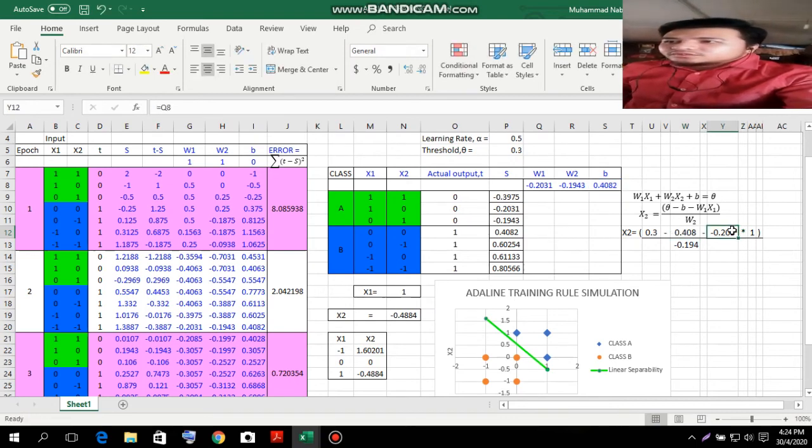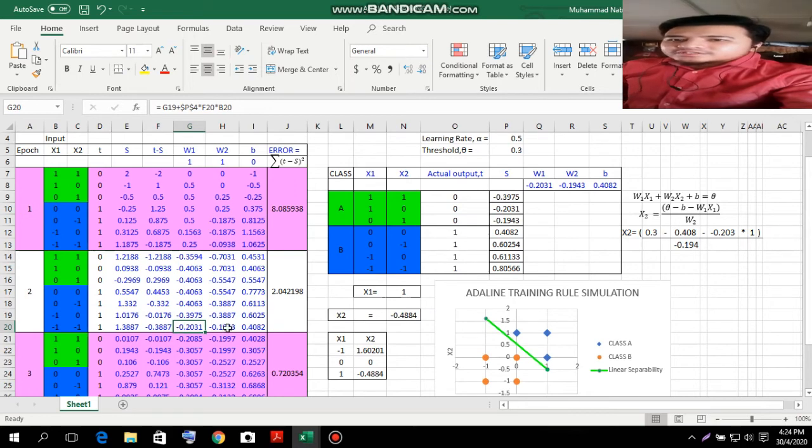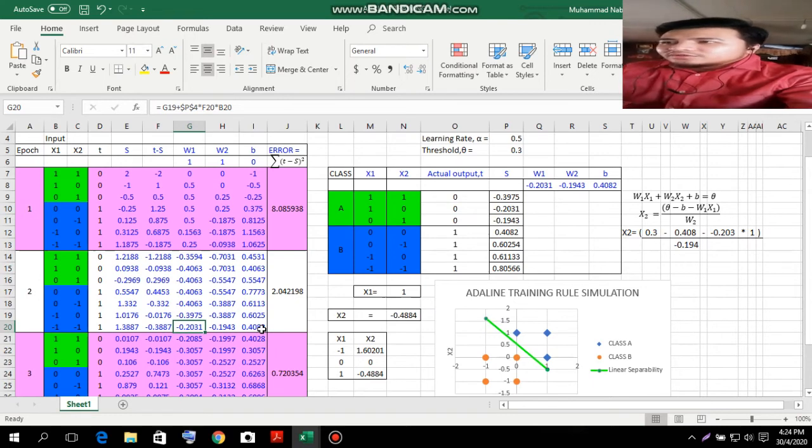Now the x2 here, we actually obtain from the last row of the second epoch. So yes, 0.3 minus 0.408 minus the negative 0.203 multiplied by 1 per negative 0.194.